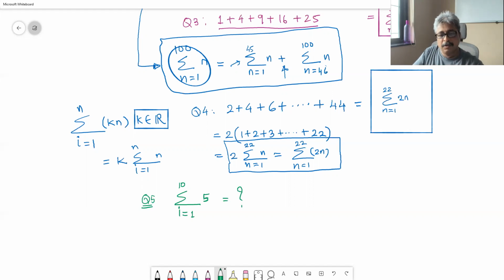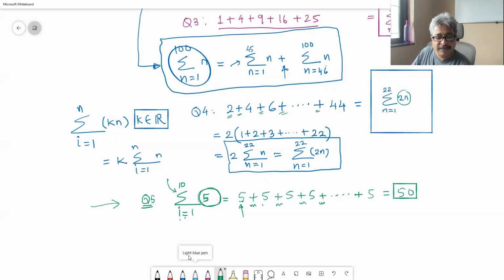Let me check whether you have understood. Show me the answer. Sigma i goes from 1 to 10, 5. Assume i is equal to 1: first term 5, second term 5, third term 5, 10th term 5. So the summation is 50.